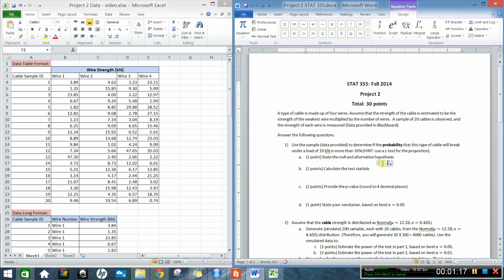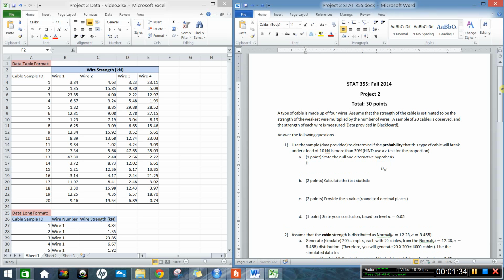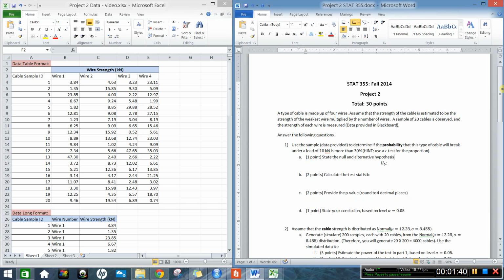If I were to choose this one, for example, then I could write H and then 0. Okay, so that'll be the null hypothesis. That looks a lot nicer than if you were to just type, outside of the equation editor, something like H0. It looks a lot nicer in the equation editor, okay? So we should use that.